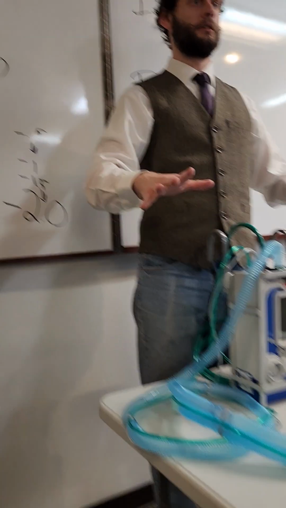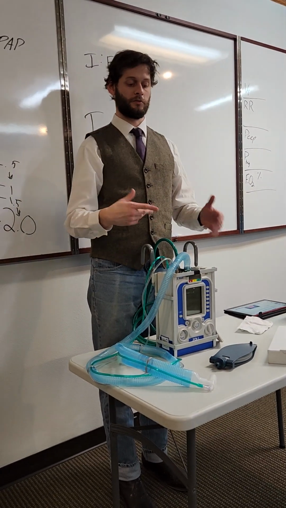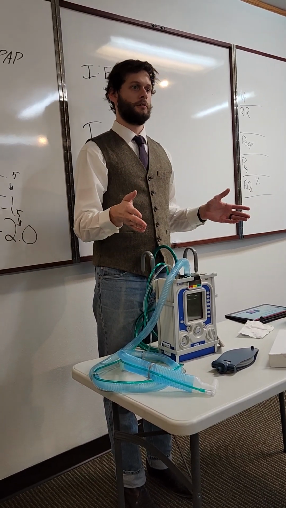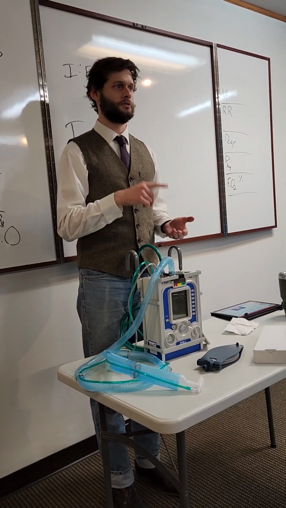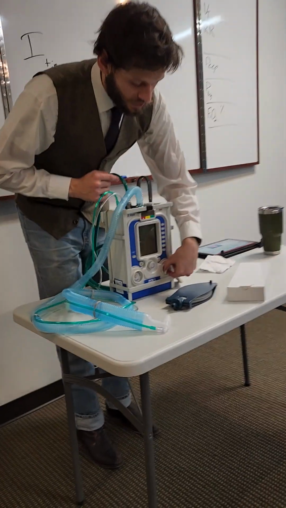Have everything ready, so if the ventilator's not working, you just pop it back on the other ventilator. You've got the leads on, pads on if you need them, SpO2, EtCO2 ready, everything's ready to go. So all you do is turn it on.